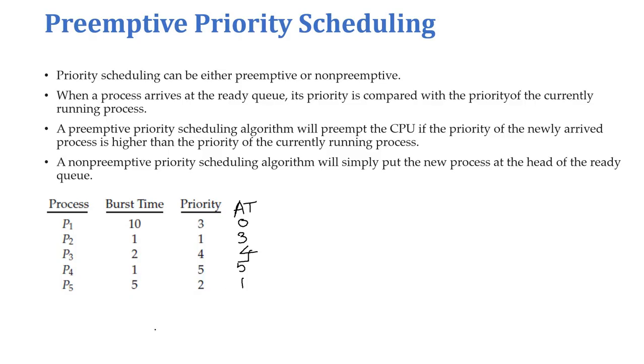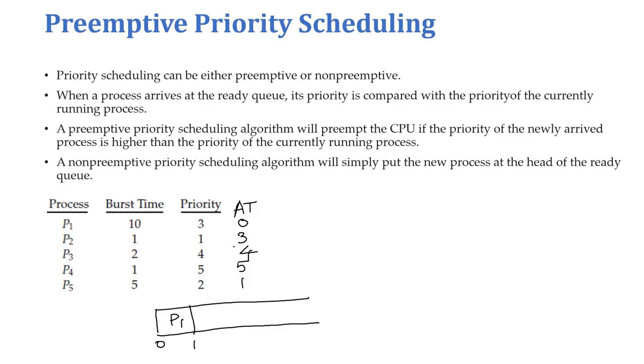Now if we make the Gantt chart, all the processes arrive at different times. At time 0, only one process is there, that is P1. So P1 will start its work, executing and completing 1 millisecond of its task.